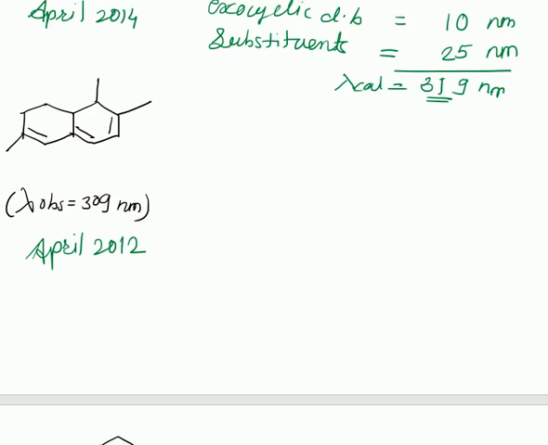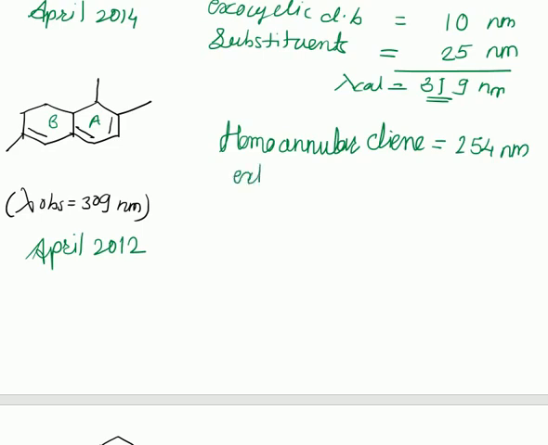Now this is again an homoannular diene. Consider ring A and B. These two double bonds are in the same ring, so the basic value for the homoannular diene is equal to 254 nanometer. Now see the exocyclic double bond, or first extra conjugation.